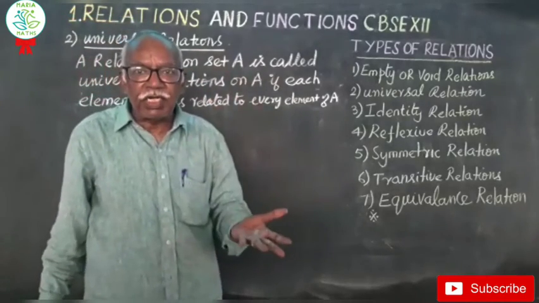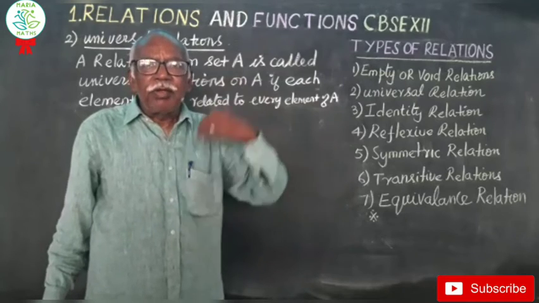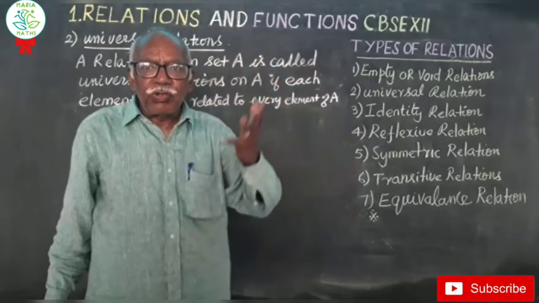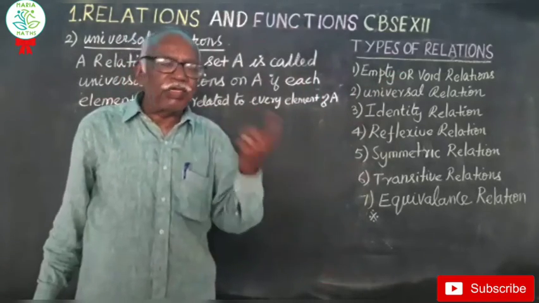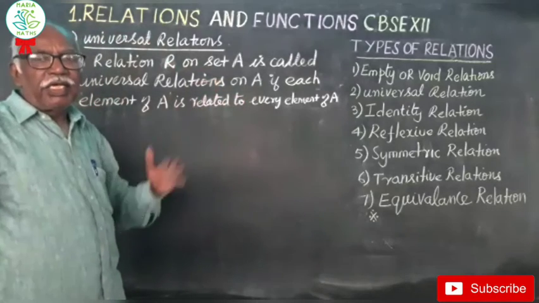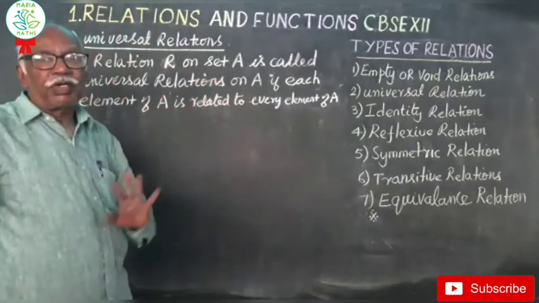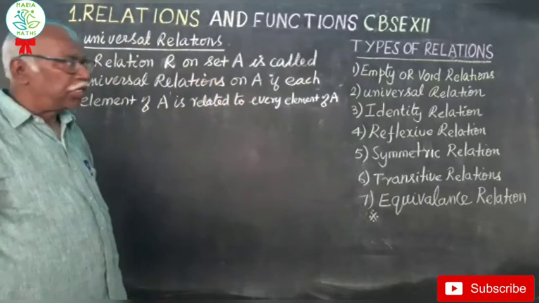In an empty relation, no element of A is related to any element of A, whereas in a universal relation, each element of A is related to every element of A. Such a relation is known as a universal relation.